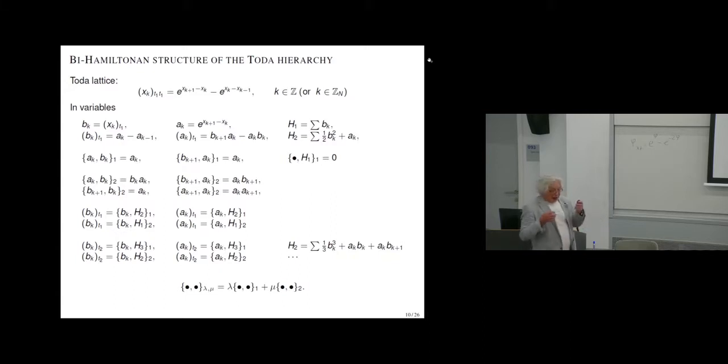These Poisson brackets are compatible, so there is a Poisson pencil, as we talked about during the first talk today. So that is the bi-Hamiltonian structure of the classical Toda lattice.